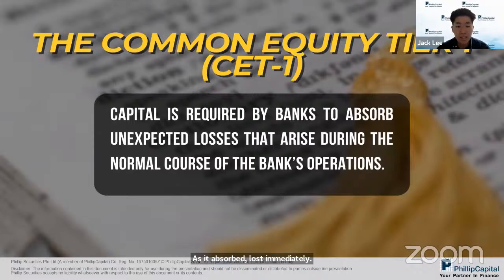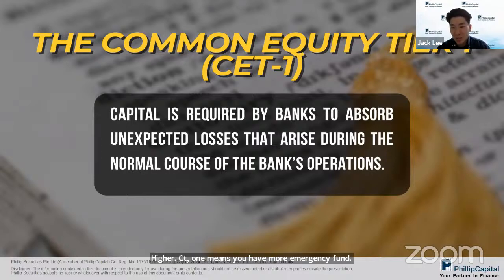According to the Bank for International Settlements, a bank's CET1 capital must include a minimum ratio of 4.5%. So you can think of it as an emergency fund for the bank. So if you have a higher CET1, it means you have more emergency fund for the bank. So the higher the better.